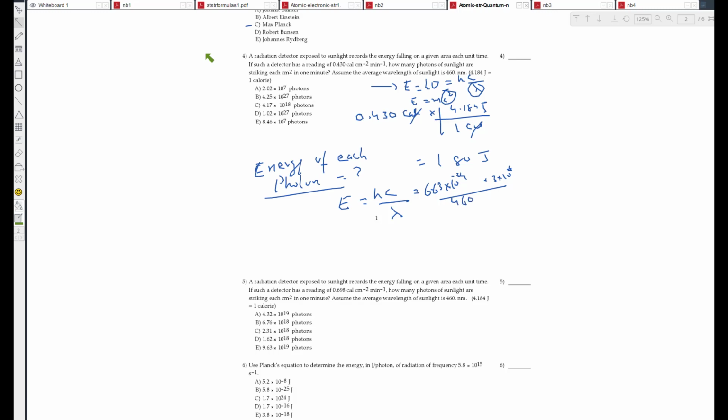This is in nanometers, so I have to convert it. Just put 10 to the power minus 9. So I'm getting 4.32 times 10 to the minus 19.